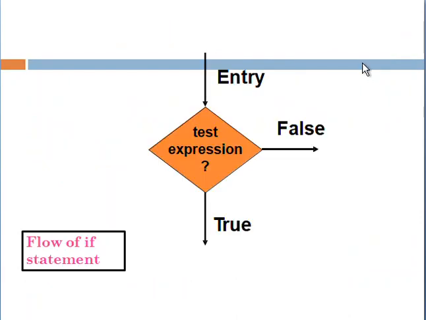And the flow chart of the if statement: this is our entry. The test expression, if it is false, then this side is printed, and if the decision statement is true, then the other side is printed. Only one side will be executed, either this side or that side.